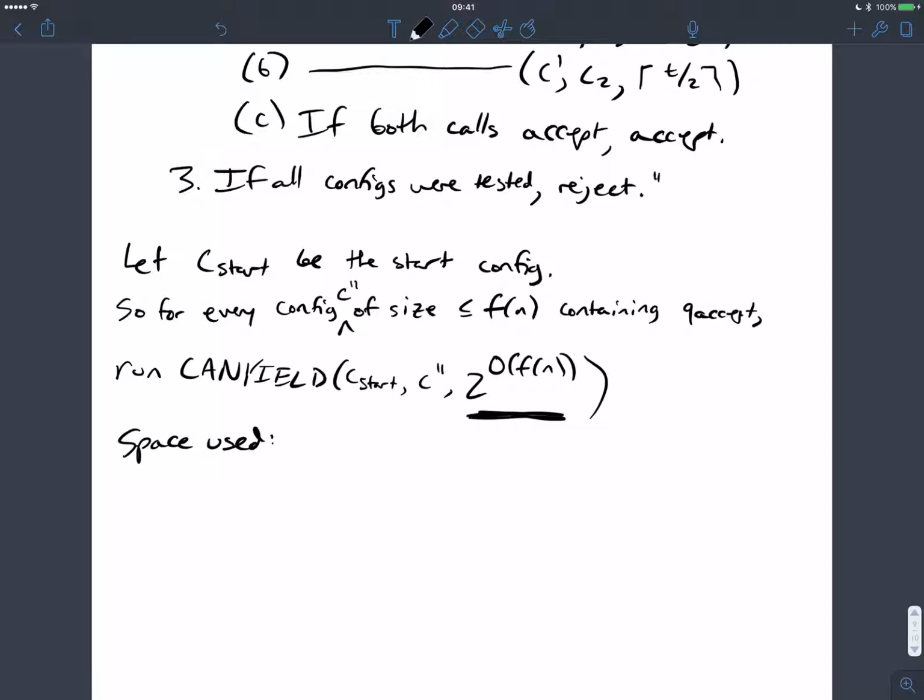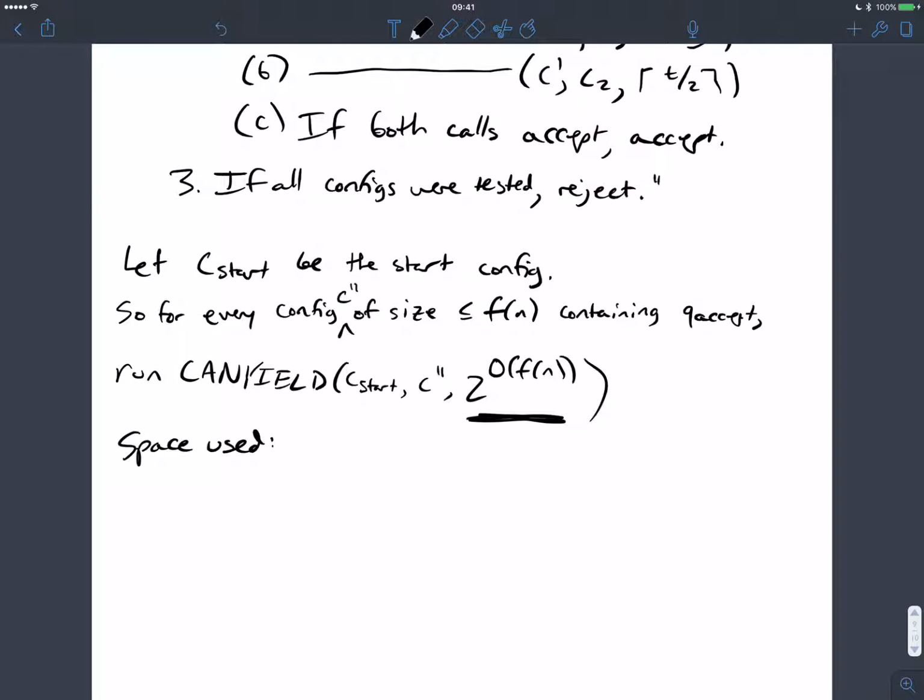If I want to store a number n, it takes in binary some constant times log n space to store it. Well, if I have this number 2 to the constant times f of n, the log of that is just the stuff up top. So it's just constant times f of n.